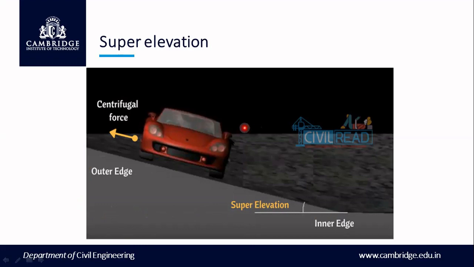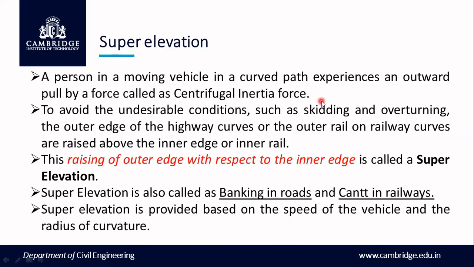When I'm taking a curve towards this side, I can call this the inner edge and this the outer edge. So the outer edge is raised with respect to the inner edge. Okay, so this is the super elevated height, and the angle it projects is called the angle of super elevation.